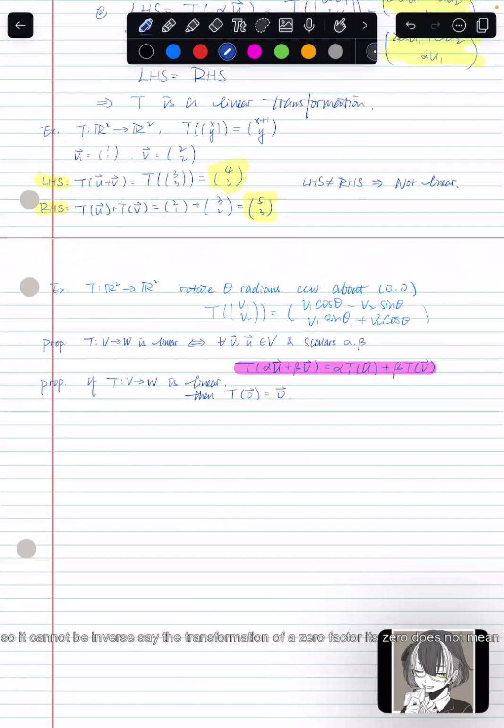The transformation of a zero vector being zero does not mean it is linear.